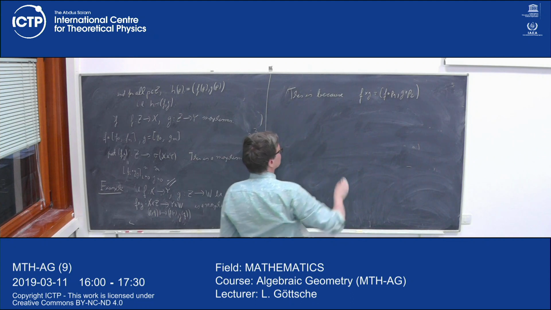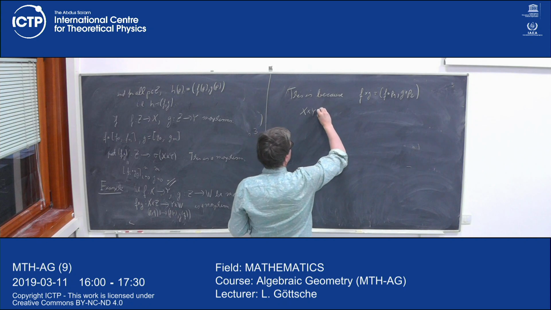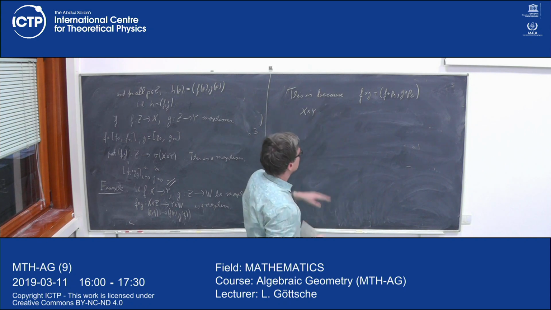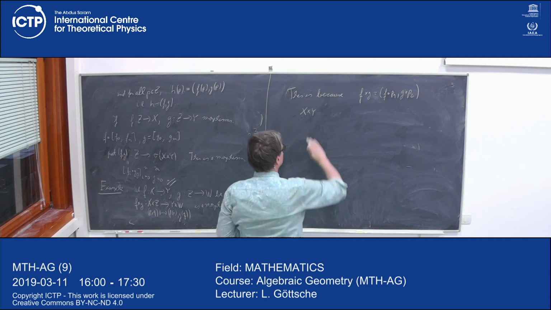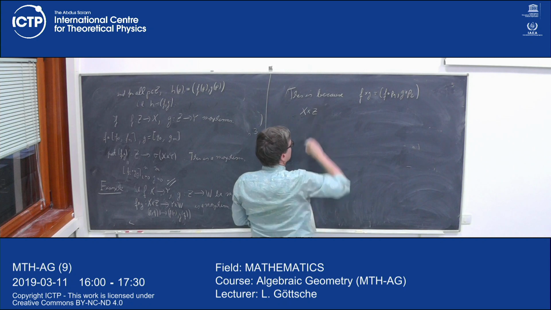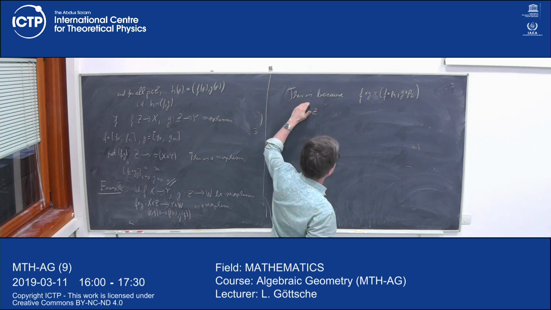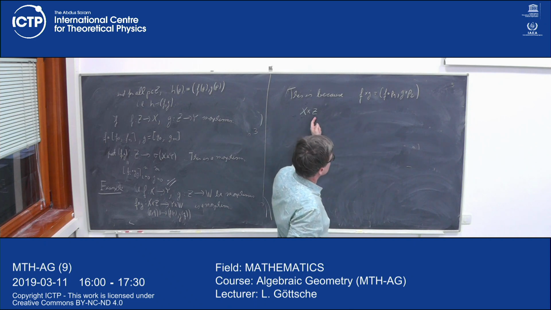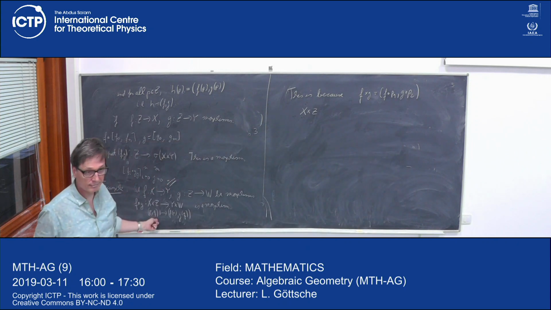So this means I take X times Z, then in the first component we first map to the first factor X, and then we apply F. In the second component we map to the second factor, and then we apply G. And this is precisely the map I've told you.